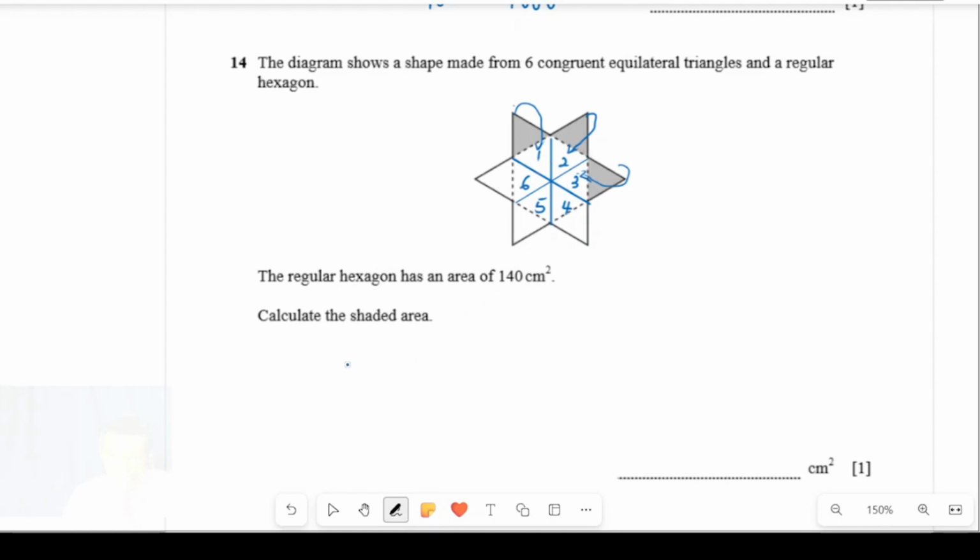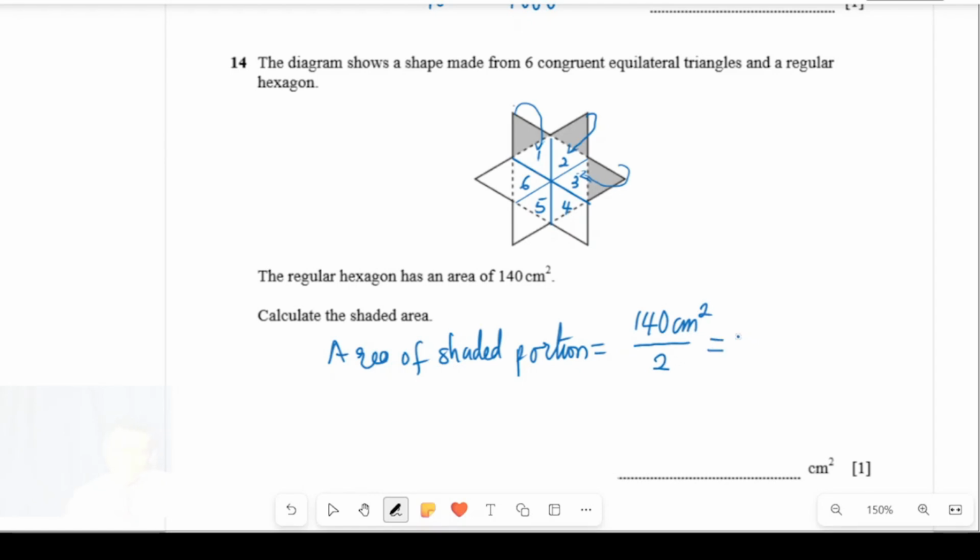So the area of shaded portion is equal to 140 cm square divided by 2.